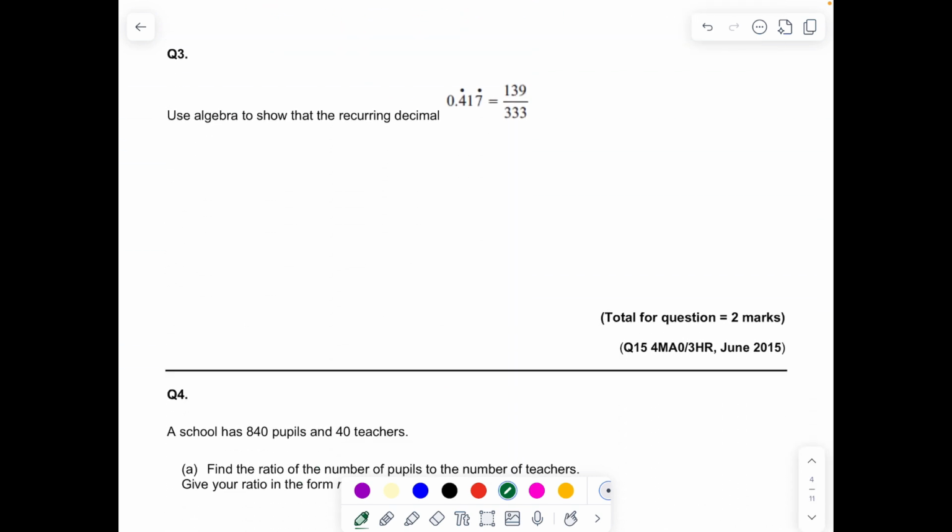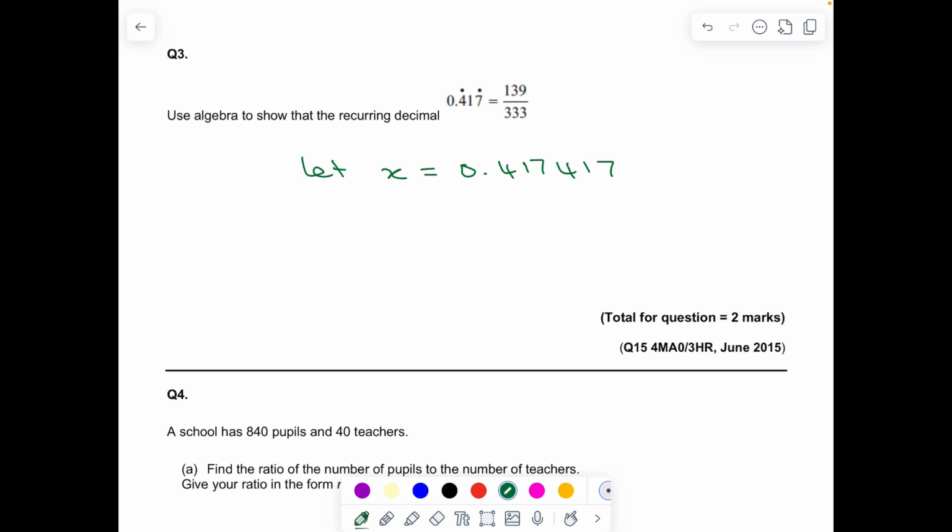Okay, question 3. I tried to give full marks where possible, but some of you, your layout wasn't very good. Right, remember, you let x equal 0.417417. Remember, when there's more than 2 numbers that are recurring, we put a dot above the beginning of the recurring bit and at the end of the recurring bit.